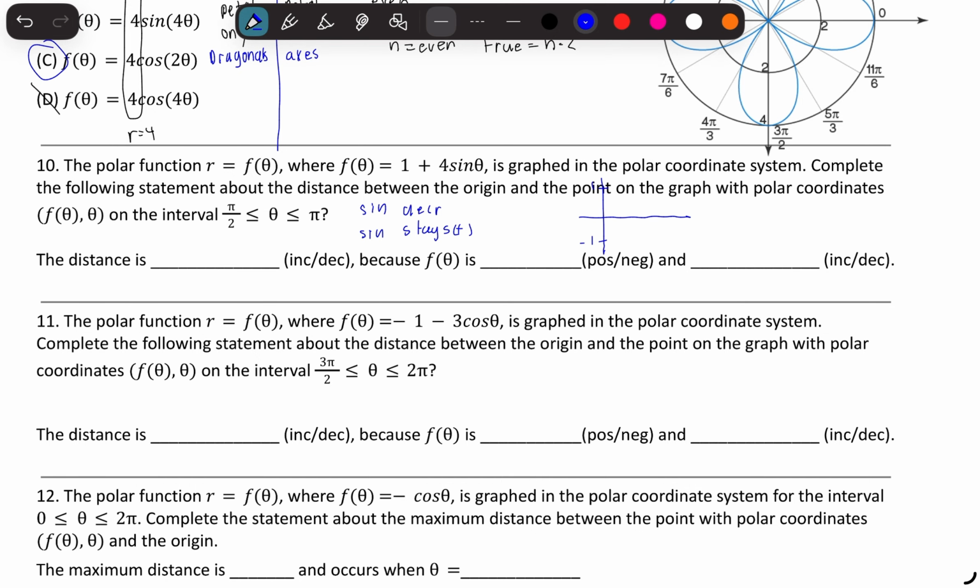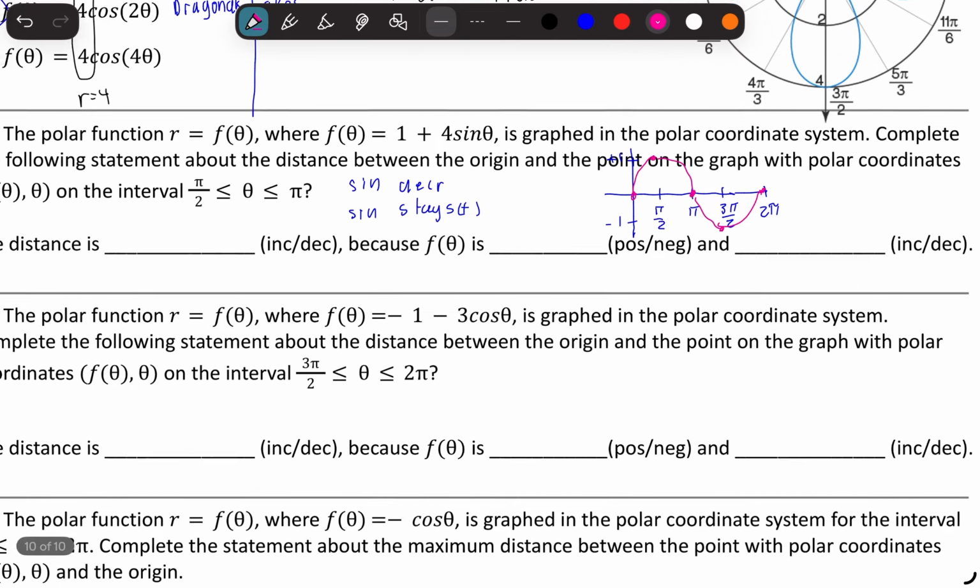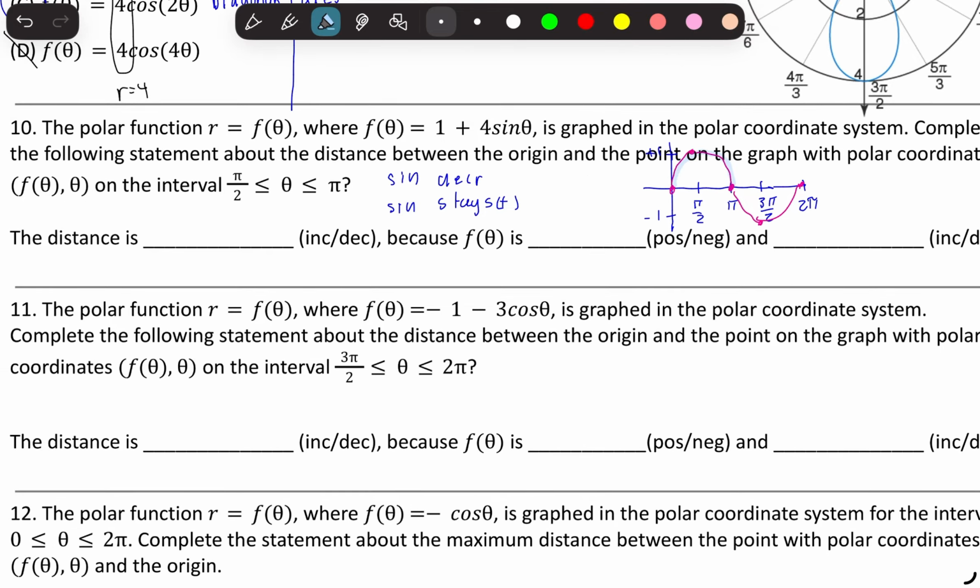If this is our sine graph, we can label this. So we're highlighting pi over 2 to pi.